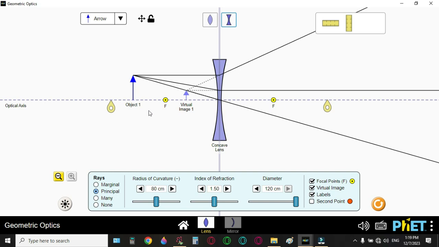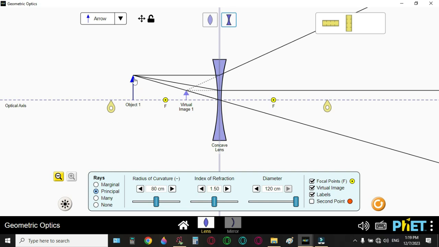So you should form an X with the first ray. This is the first ray, and this is the refracted light from the second ray, and you should form an X. The point at which they meet is also the point where the virtual image is formed.